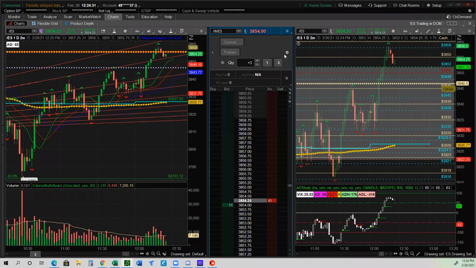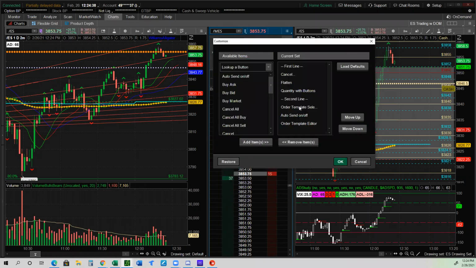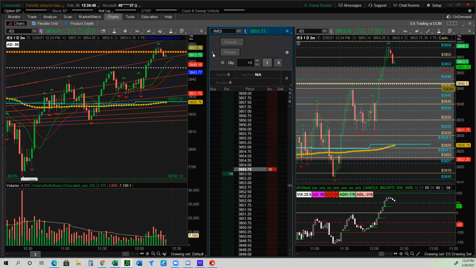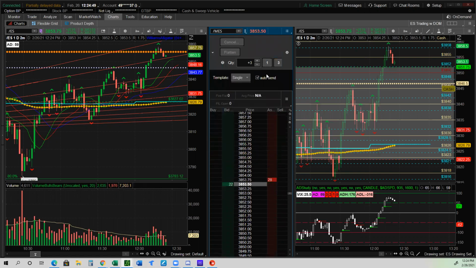I've got this thing set to automatically send the order. Let me see if I can change that. Hold on a second. Auto send on off. There we go. Current set second line. So I got to go to the second line to find that. And I do that by hitting that. There we go. Turn off auto send. So let's just look at it, Rick. So now if I've got this to 3, right?